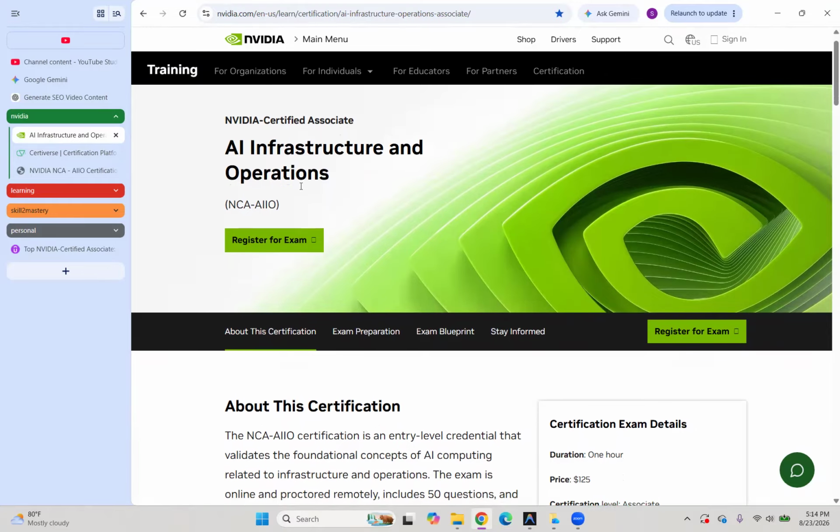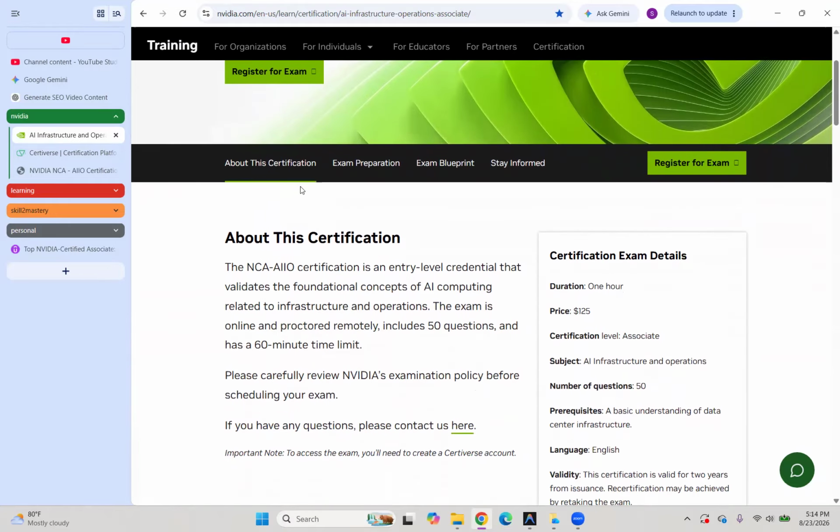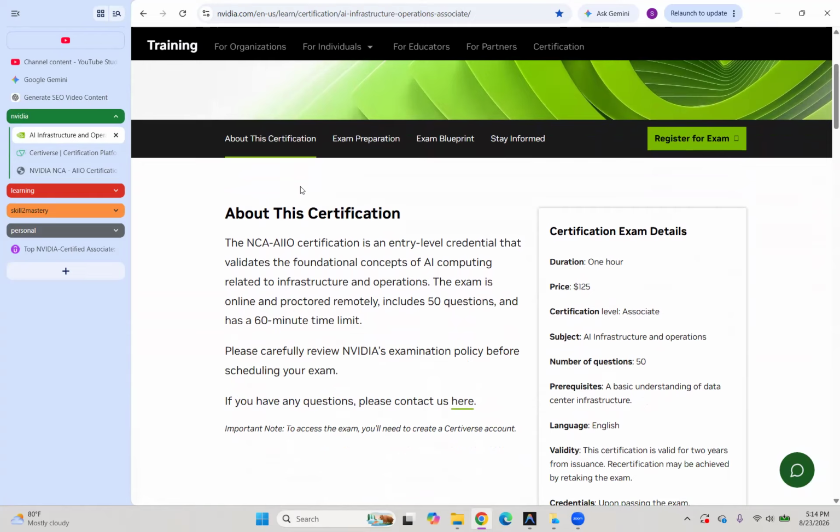This is from the NVIDIA website, and this is what the exam is all about, the exam details. It's a 1 hour exam, and it's $125. That's the price. It's an associate exam because it takes you through the fundamental level. It's not really a professional exam, but something you can actually start with.